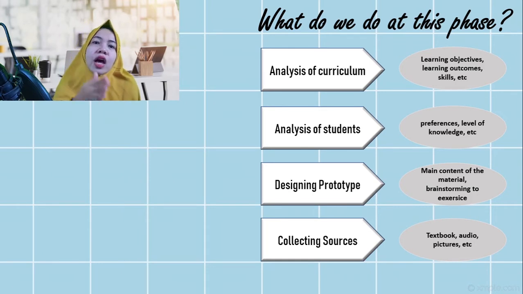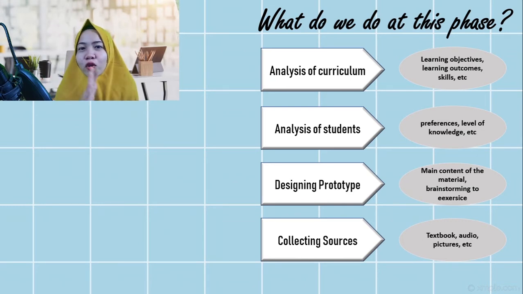You have to identify the basic competencies, the standard competency, the learning objectives, and the learning outcomes expected of the learners. So what are the end results that this curriculum asks of the students? The objectives of the curriculum are the basis and parameters that you use to develop your material.